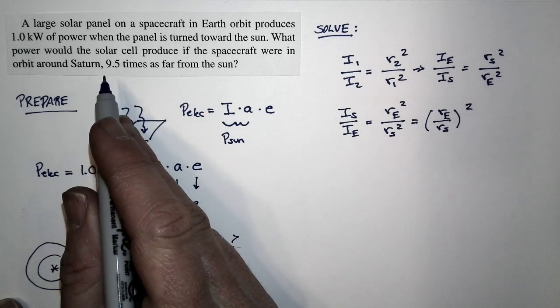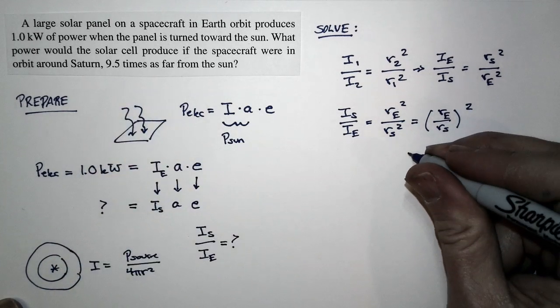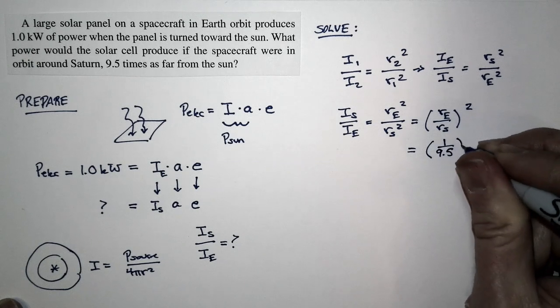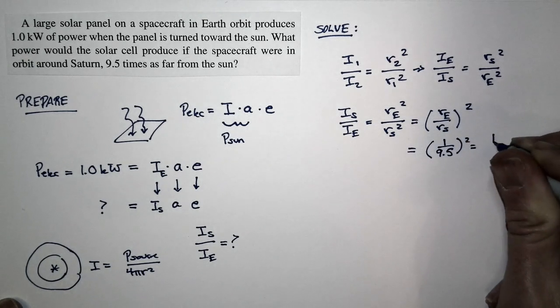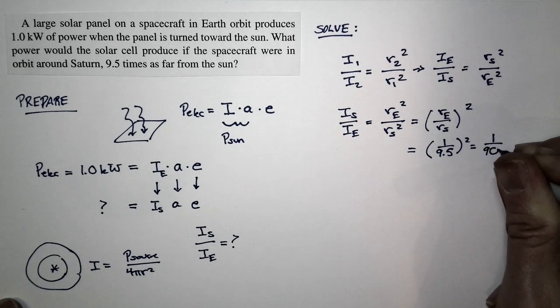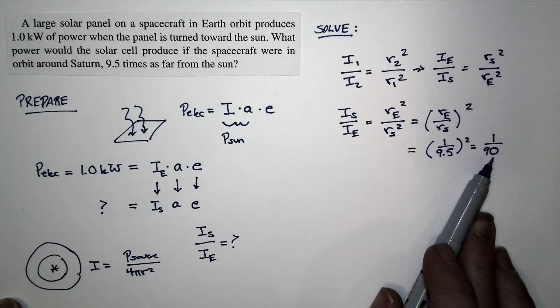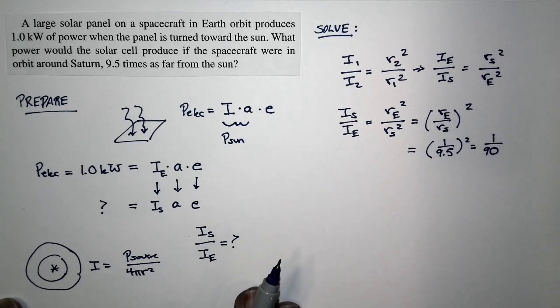Saturn is 9.5 times as far from the Sun as the Earth, so this turns into 1 over 9.5 squared, which is equal to 1/90th. So the intensity at Saturn is 1/90th of the intensity at the Earth.